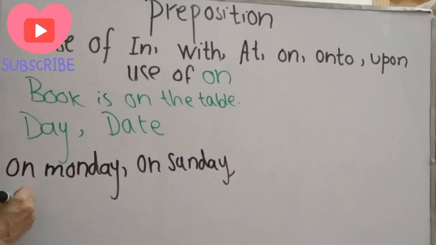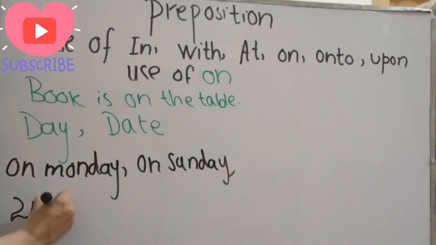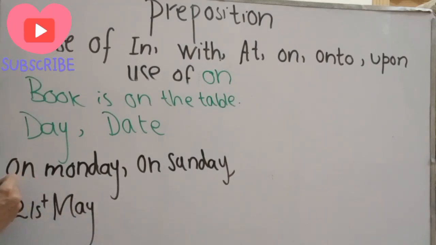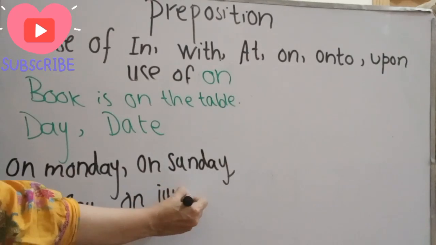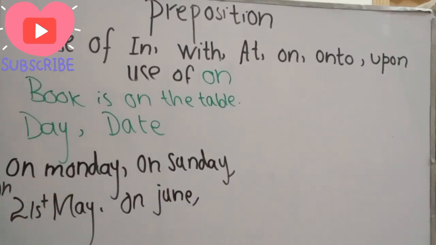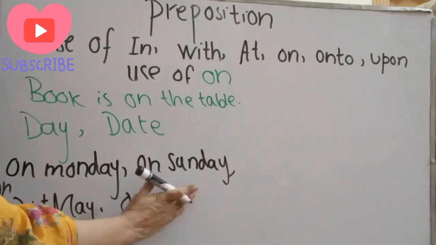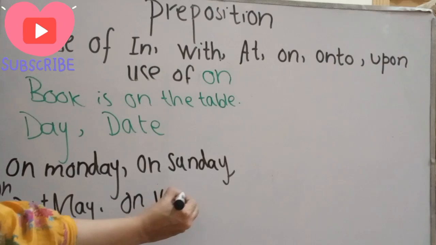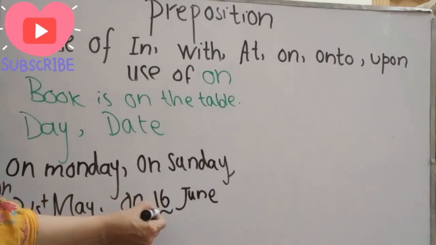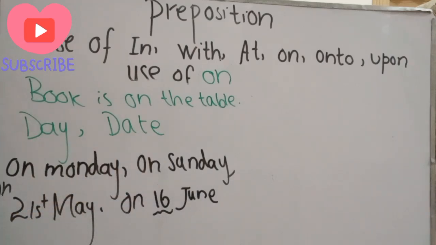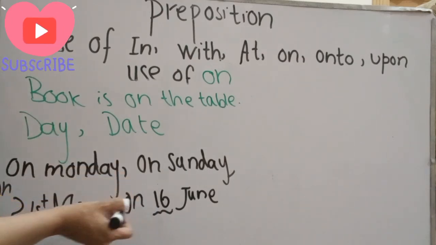If I say 21st, on 21st May, on 16 June, with a date, not in month. In a month, what will we use? We will use in. We will use in June, but with a date, we will use on.